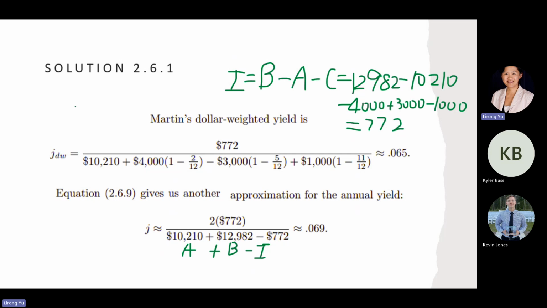So the numerator is I, the interest amount, because we're calculating an interest rate. The interest rate is the interest amount divided by the overall deposit. Now, this overall deposit is a little bit complicated because not only do we have the original deposit of 10,210, we have a couple of small cash flows in that whole time frame. Okay, any questions for the computation?